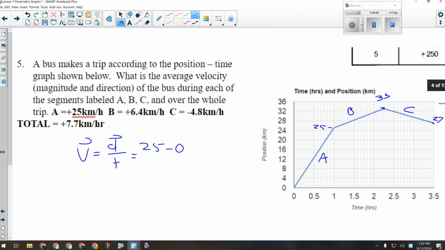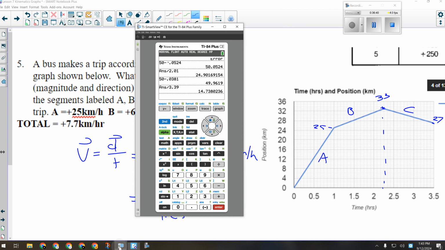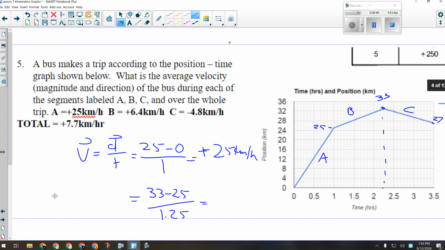So positive 25 kilometers per hour would be my velocity during part A. For part B, same calculation, except this time final position, 33, minus initial position, 25, and that took what looks to be 1 and a quarter hours. So 33 minus 25 divided by 1.25 should give me 6.4 kilometers per hour in a positive direction.